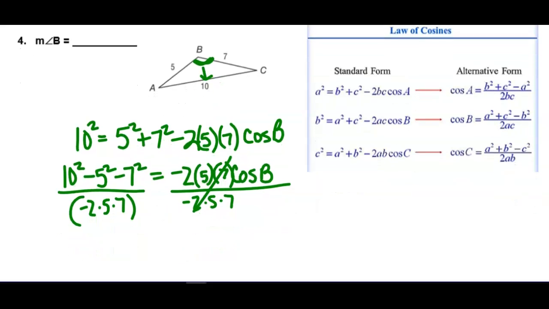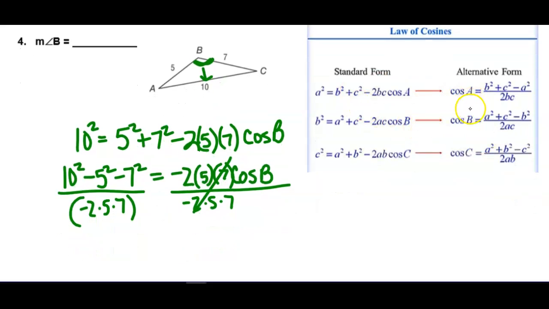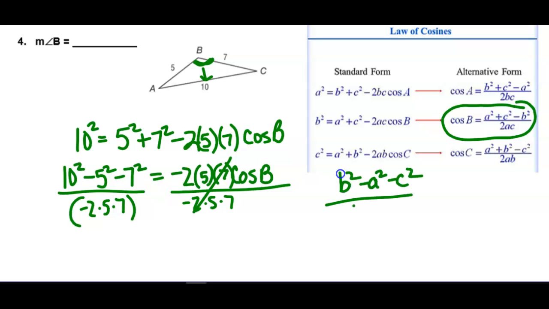Now, there is another way to do that. It says here to find angle B, you can use this formula. Does anybody see what they did? When they took this and subtracted and divided it by negative 2ac, what they did is they took this negative and they distributed it up here.